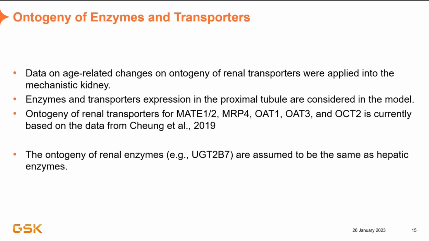So the ontogeny is assumed to be the same as the hepatic ontogeny for now, until we know a little bit more about it. But as you know, it's all open and the users can change it. In terms of the ontogeny of transporters, there are more data becoming available. When we developed the model and published this paper, there were three reports of the ontogeny, and I'm going to show you some of these ontogeny models in the next few slides.